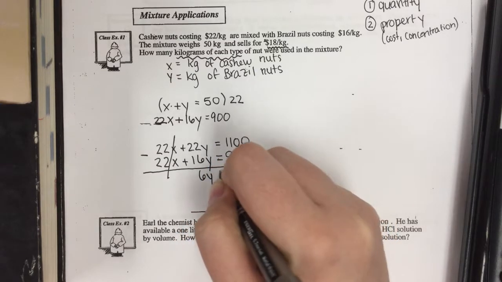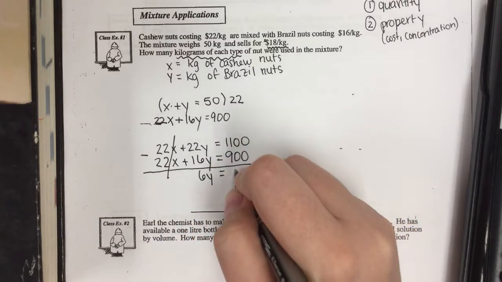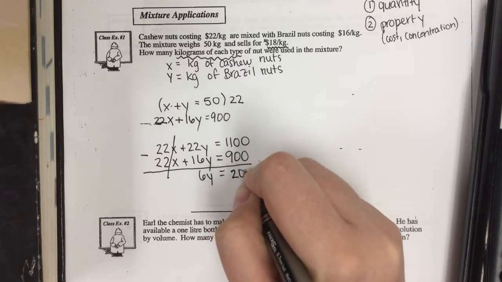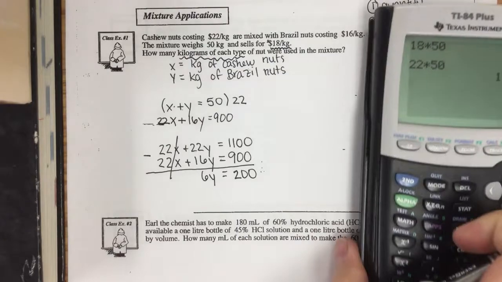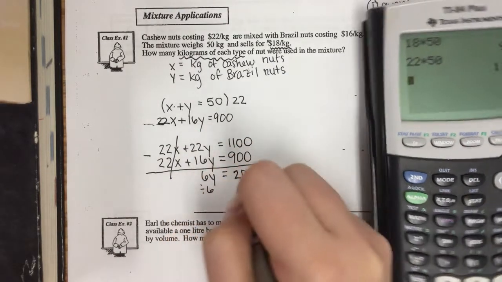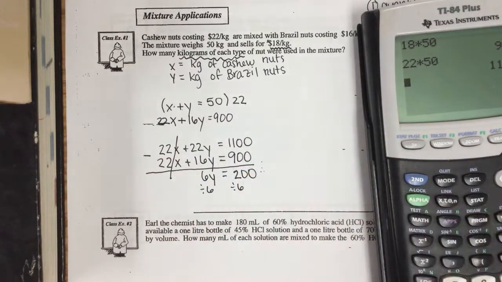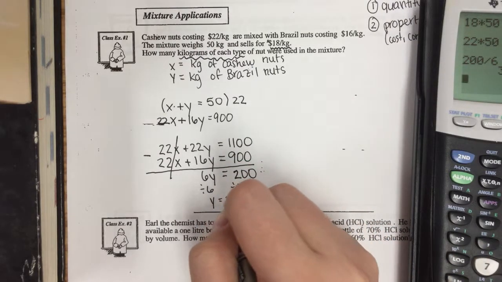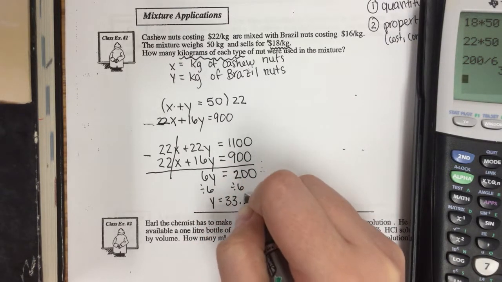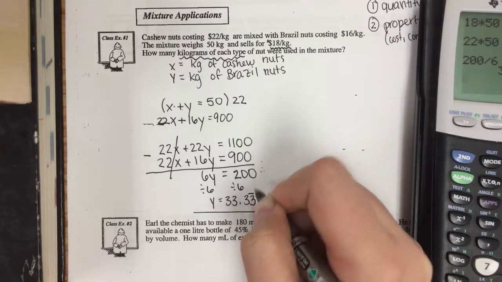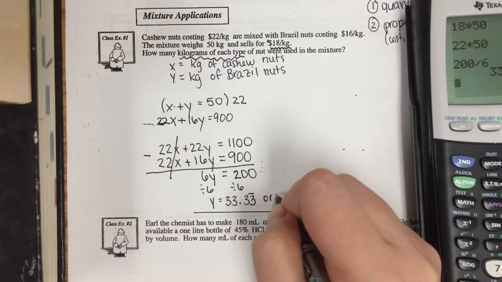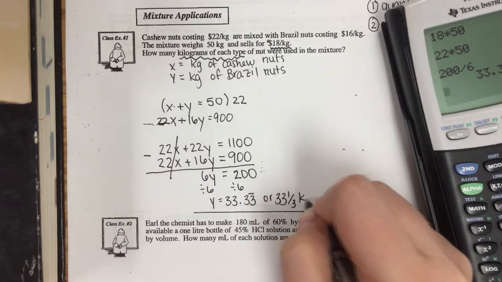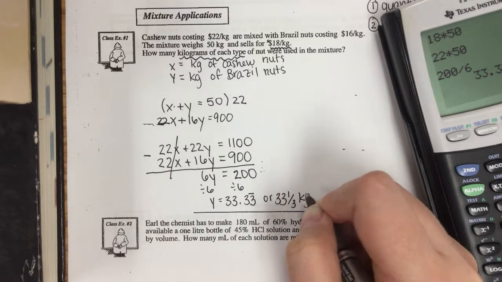That makes 6y equal to 1100 minus 900, that would be 200. If 6y is equal to 200, if I divide by 6 on both sides, 200 divided by 6 is 33.33 repeating, or 33 1/3 kilograms.